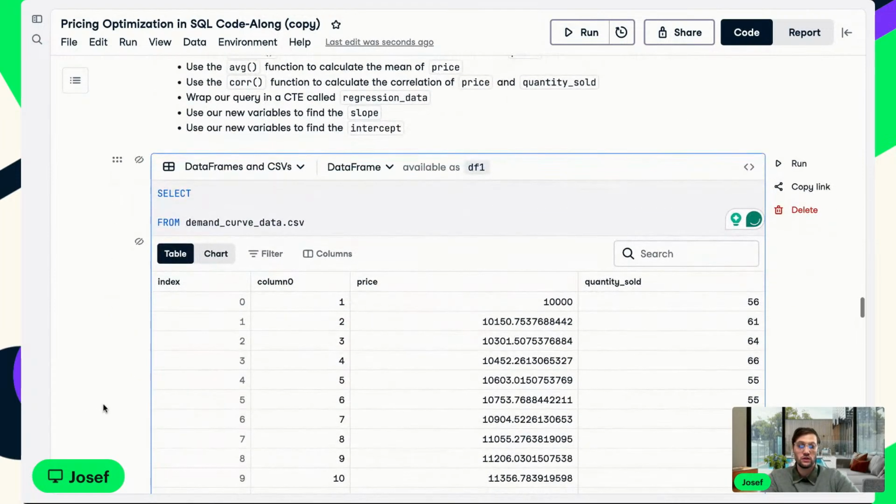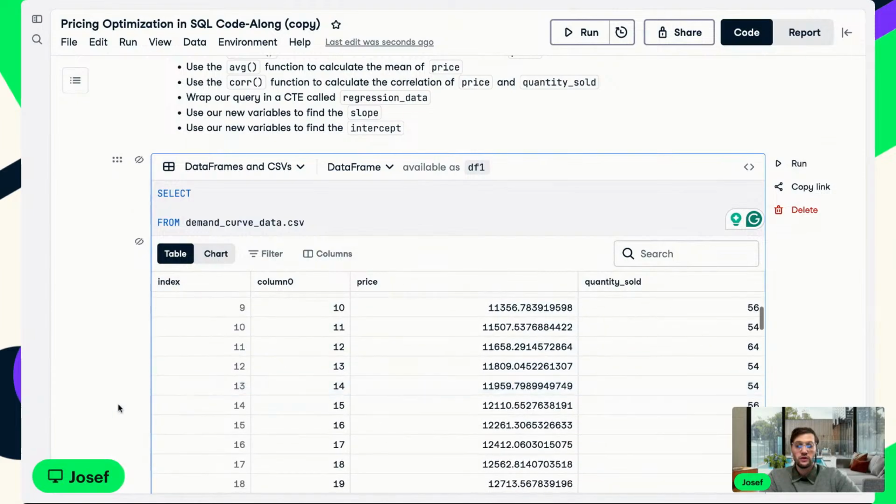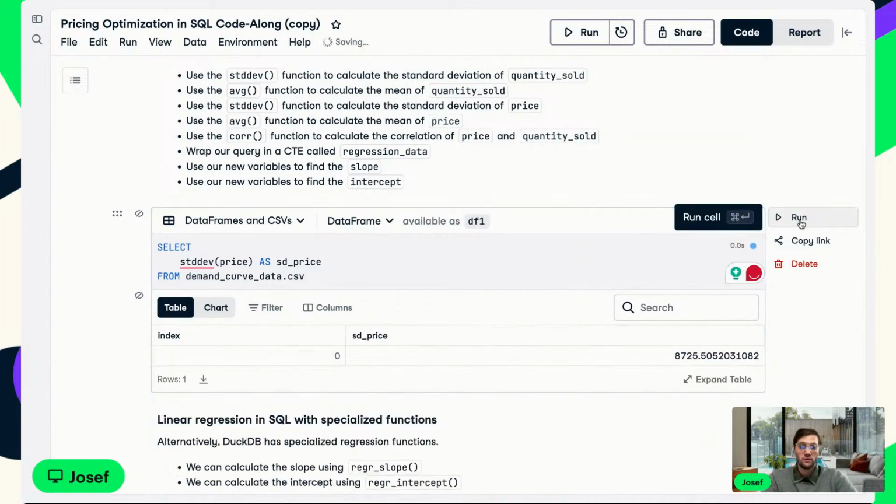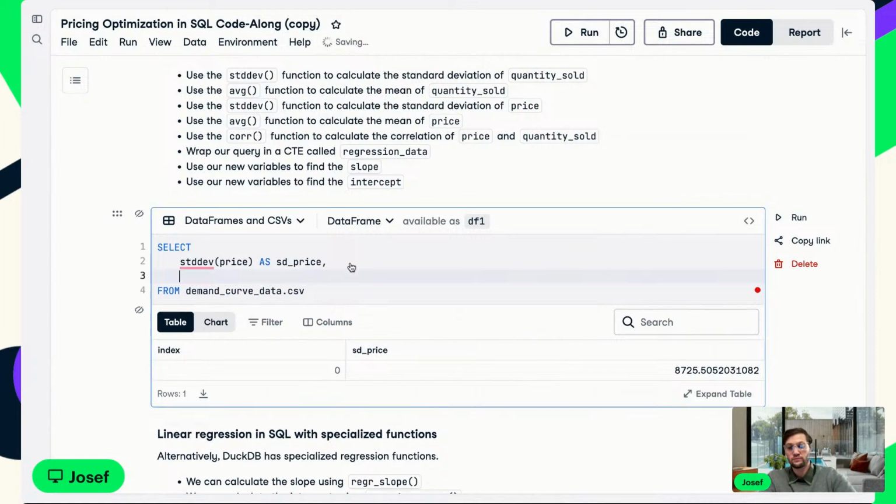This is going to return the 200 observations I have in the data set, but I'm doing aggregate functions now. So let's start with standard deviation. Standard deviation of price as SD price. And when I hit run on this, you're going to see only one row instead of 200.